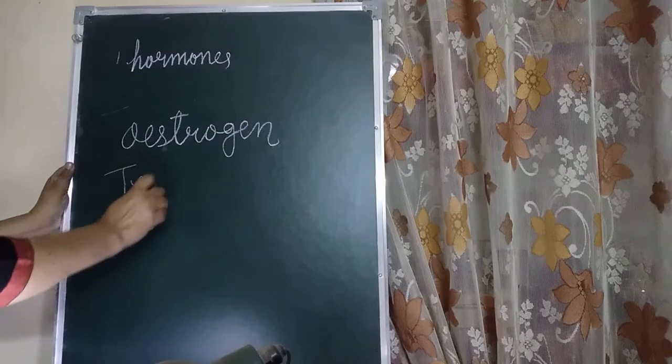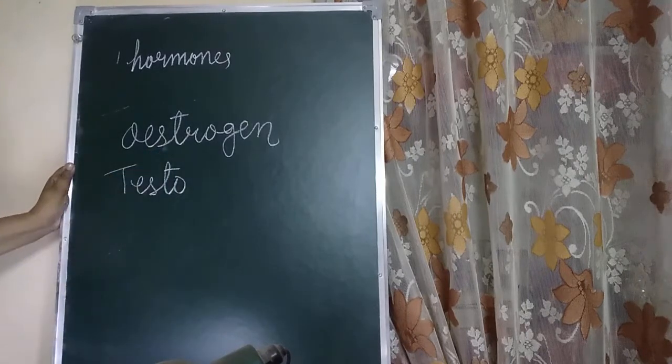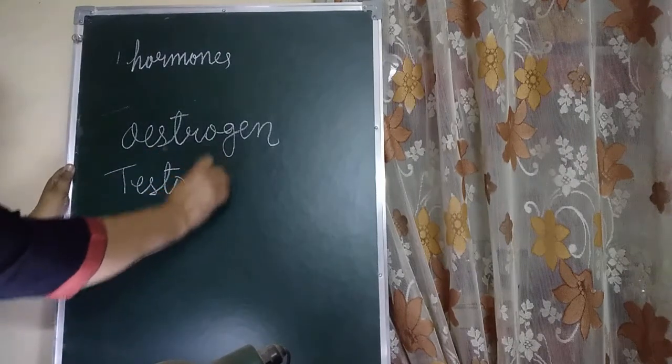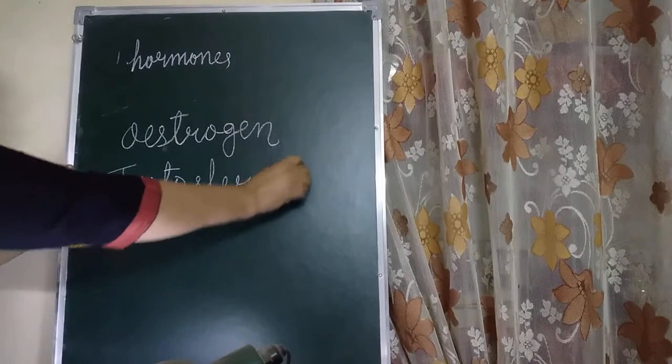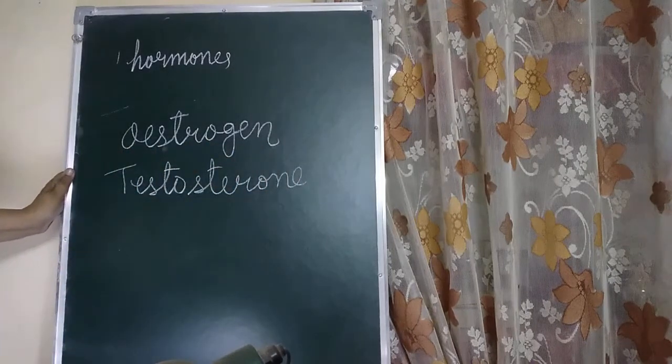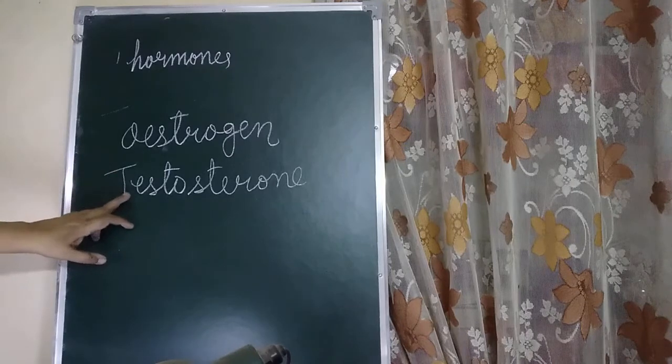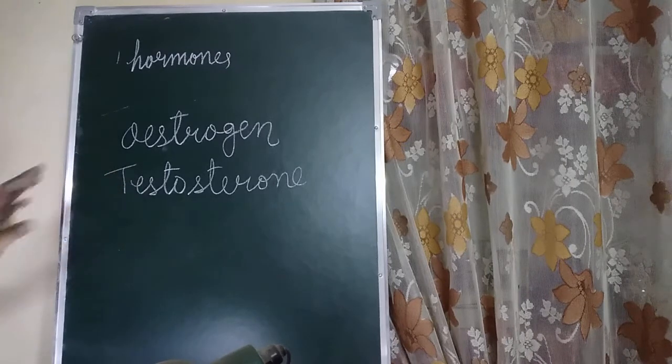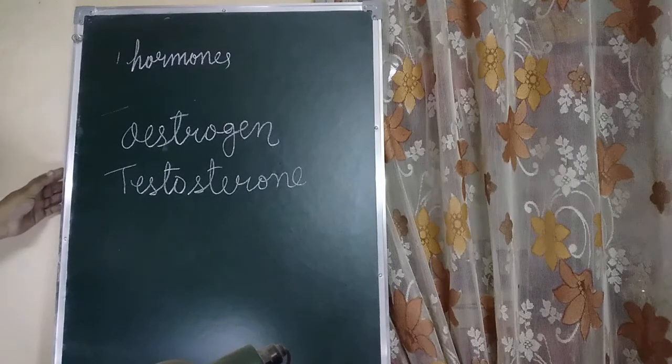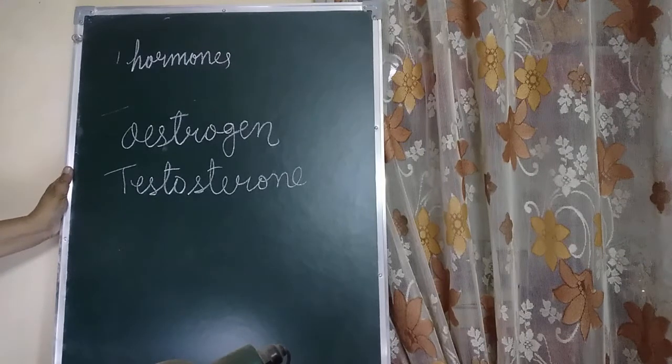That is known as testosterone, children. Okay. Now what is the function of it, children? It controls the development of secondary sexual characteristics in males. This was all about the hormones, their functions and the name of the gland that secretes them.